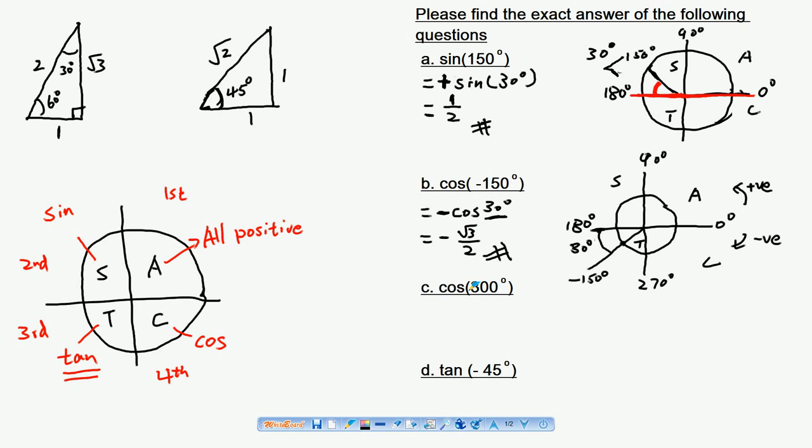Now let's look at question C. We have cos 300 degrees. Let's try to label 300 degrees in our unit circle. It should be somewhere there.